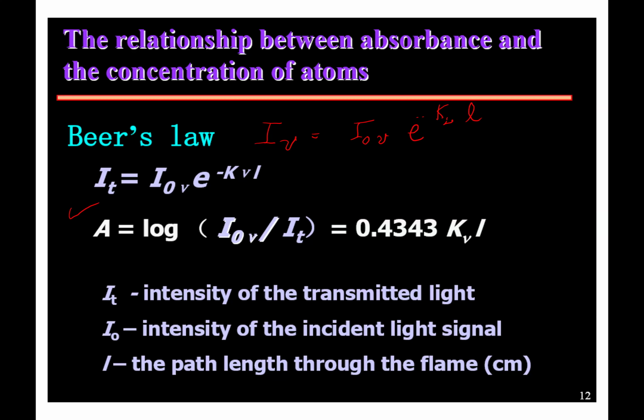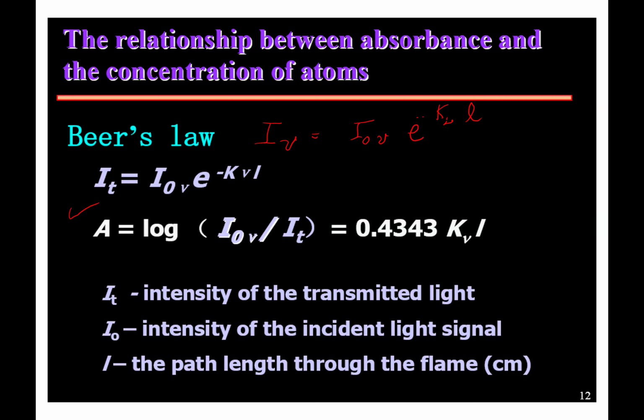If you put I_T over I naught, that is transmission, right? So this minus log T is really Beer's law. And that is equal to this unique number, 0.4343 times K_nu I naught, the intensity of the incident light signal, and L, the path length through which the flame.